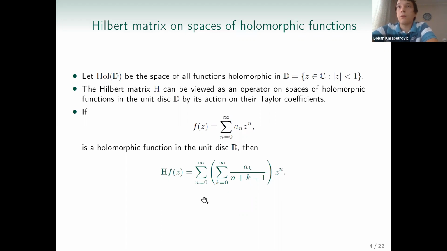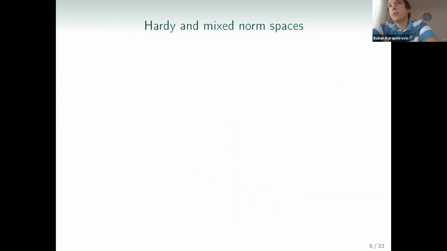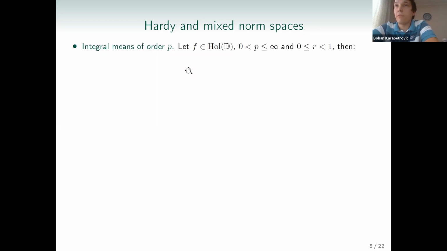And allow me now to say again, very briefly, the definitions of some basic spaces of holomorphic functions in the unit disk in the complex plane. First, we have integral means of order p. So we have a holomorphic function f, p between 0 and infinity, p can be equal to infinity, and radius r between 0 and 1.